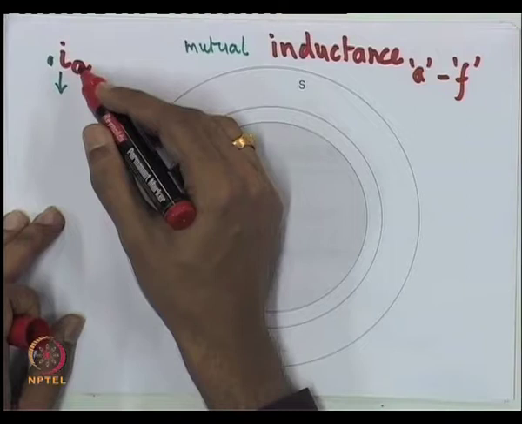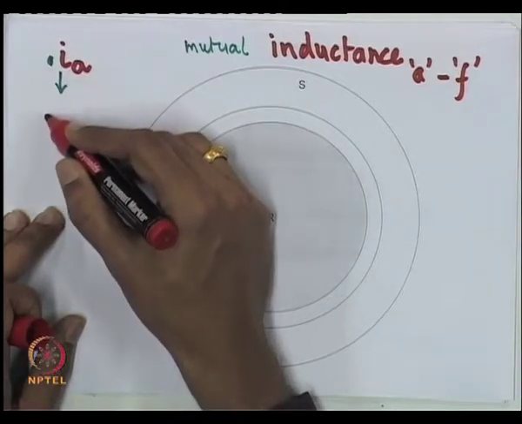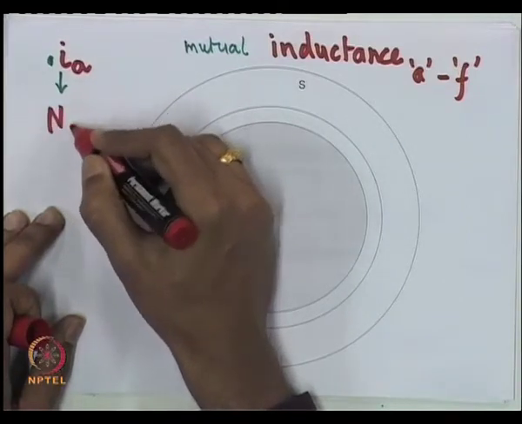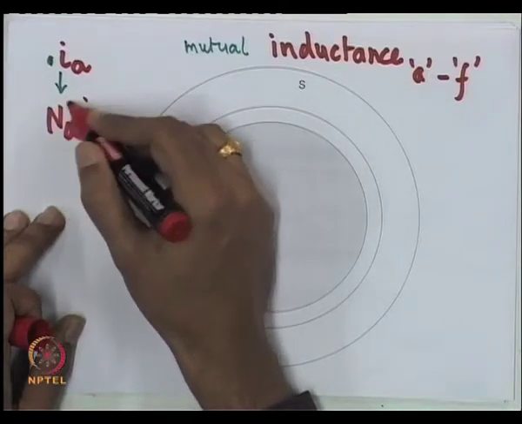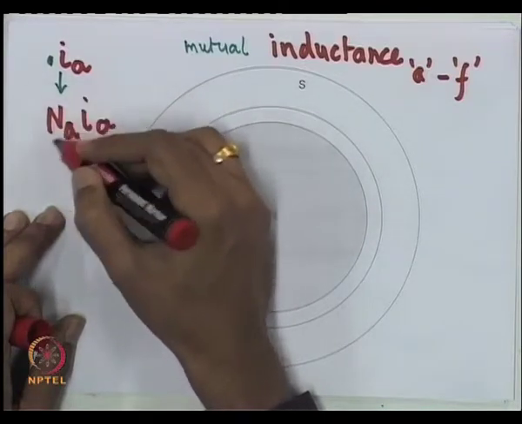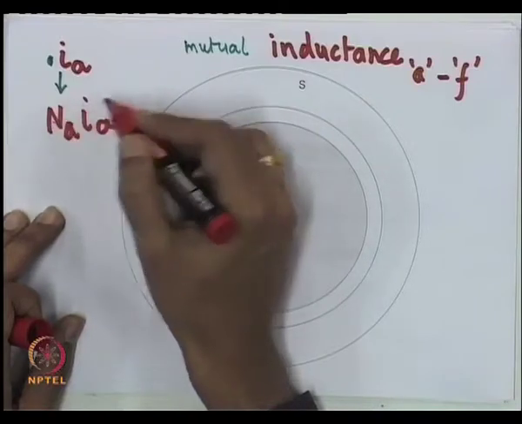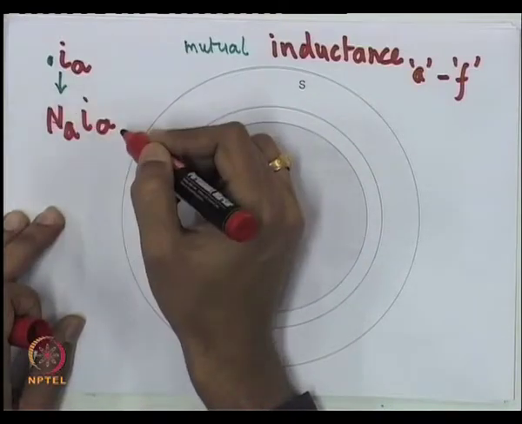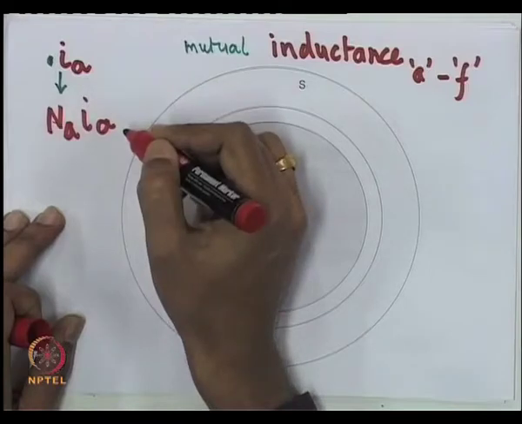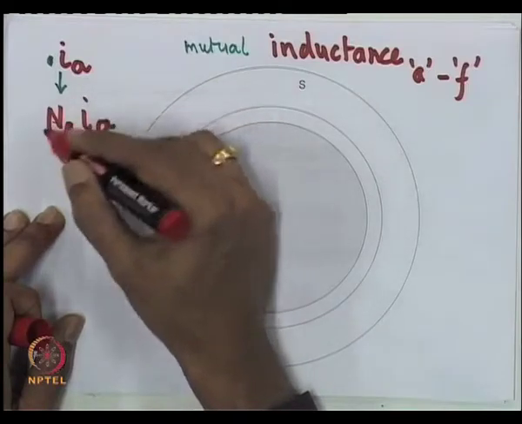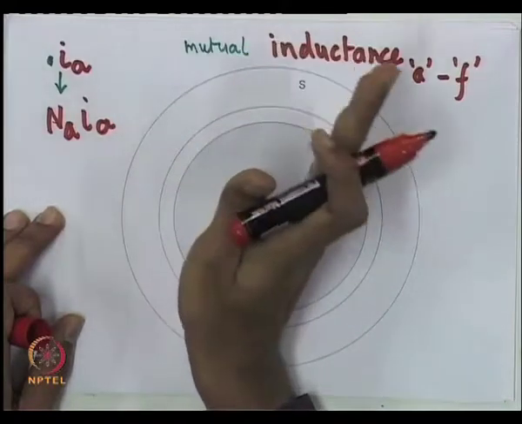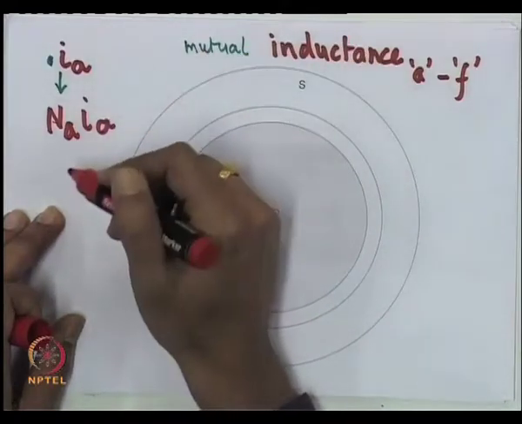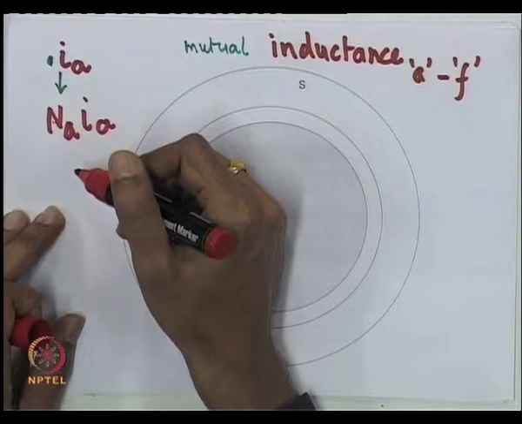So, you will have current in the A winding that will create an MMF, NA into IA, but of course this is not the equivalent number of turns. So, you will have some constant into IA as the MMF which is caused in the air gap. Of course, when I say MMF is caused in the core, it is a function of the angular position. I will elaborate on this in a few seconds.